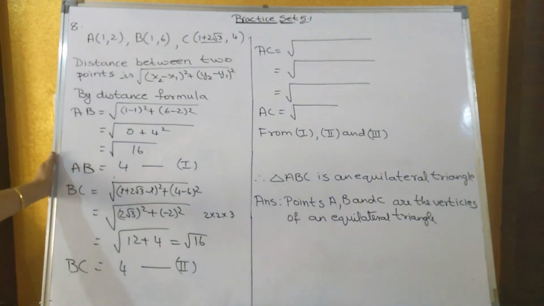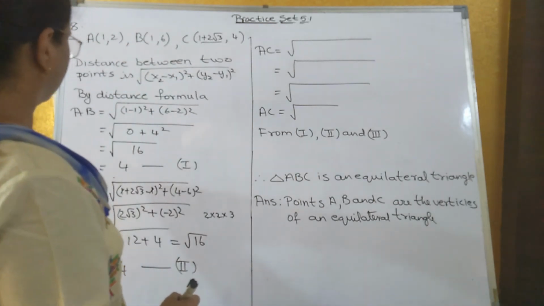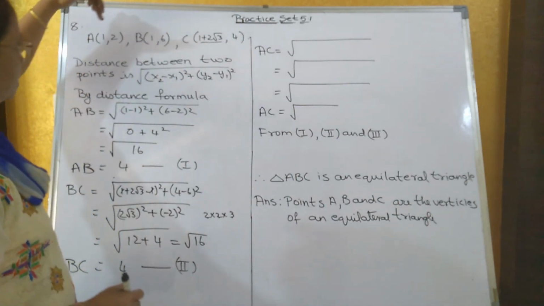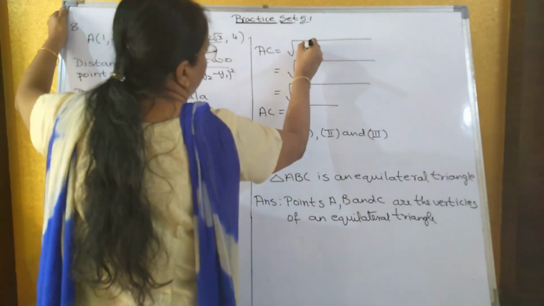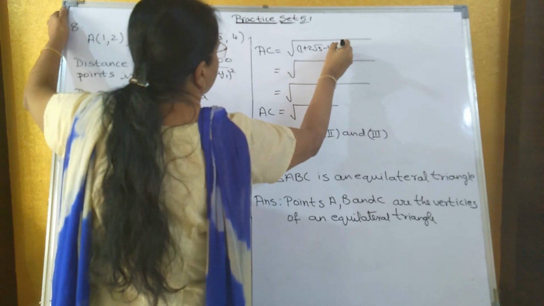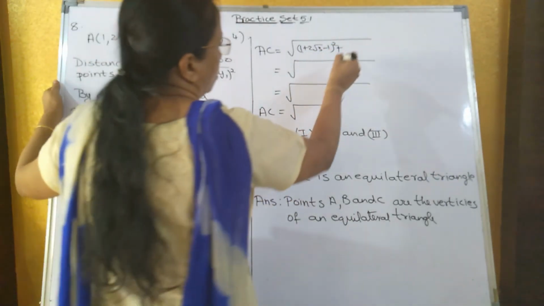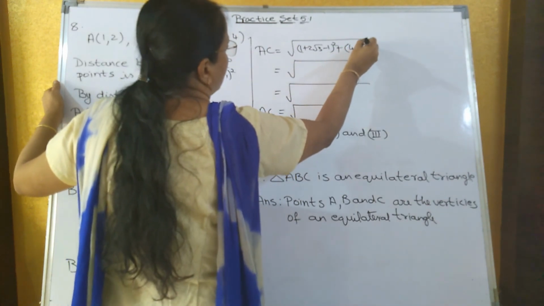Now AC. AC is root of 1 plus 2 root 3 minus 1 the whole square plus 4 minus 2 the whole square.